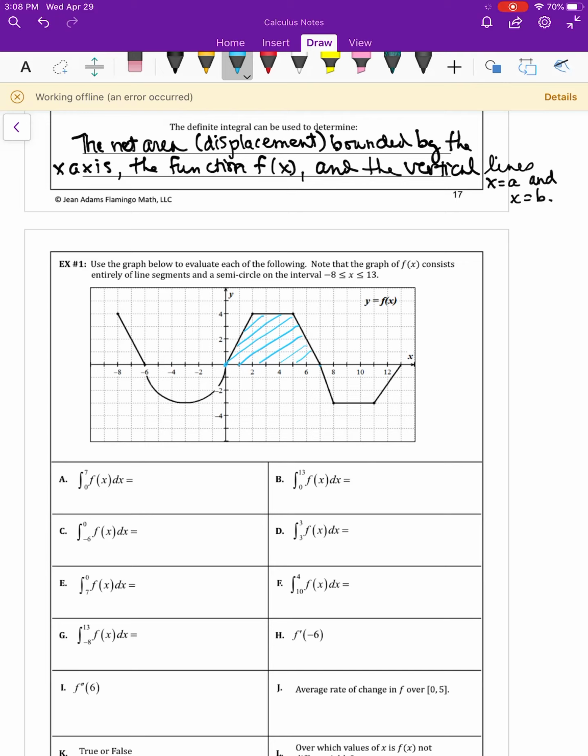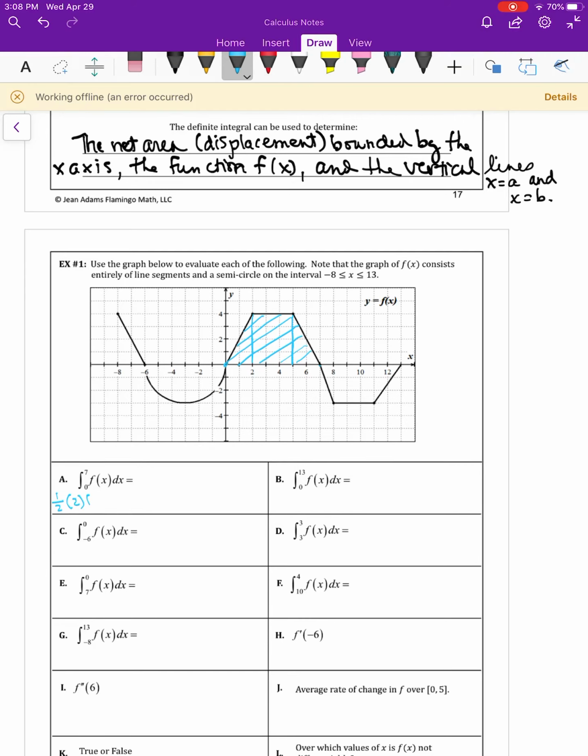It is a trapezoid, so I could use the area of a trapezoid to figure out the area, or I could split this up into a triangle, a rectangle, and a triangle. Either way works. I split it up into a triangle, a rectangle, and a triangle.